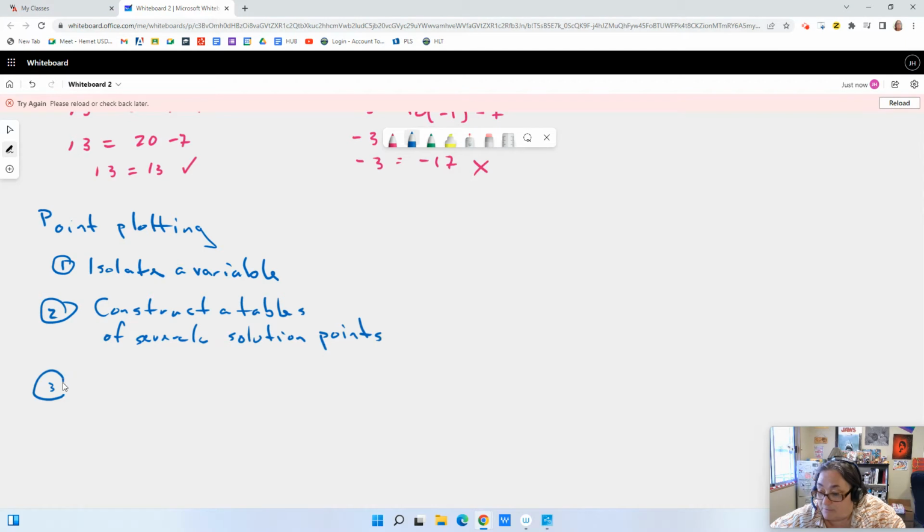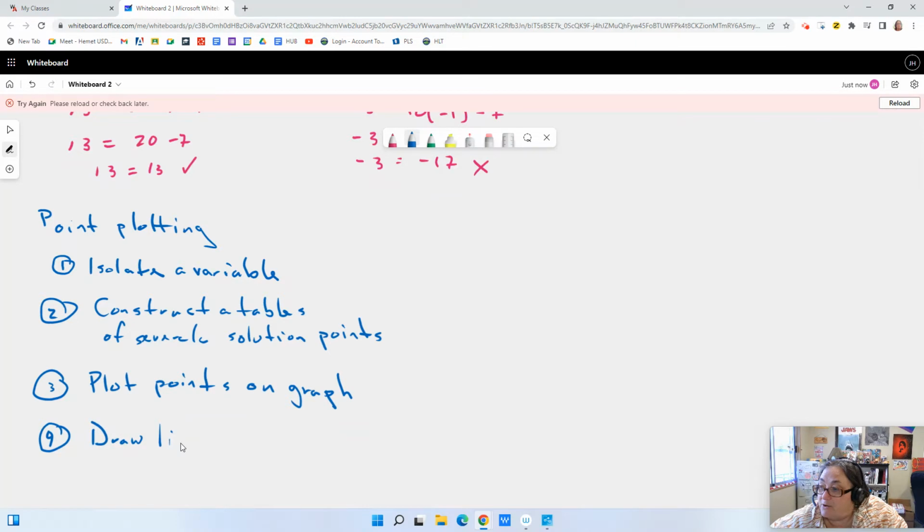Then three, you are going to plot the points on a graph, right? What kind of graph? A rectangular graph, a Cartesian coordinate plane. And then four, you are going to draw a line or curve through them.